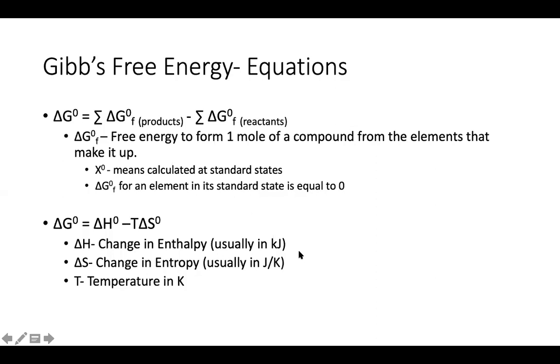Okay, the only relevance of that mole portion is that, sorry, let me backtrack. For this equation, delta G naught equals delta H naught minus T delta S naught, you will typically be given delta H in kilojoules and delta S in joules per Kelvin. If you're using the top equation, your formation values in the table would be given in either kilojoules per mole or joules per mole.